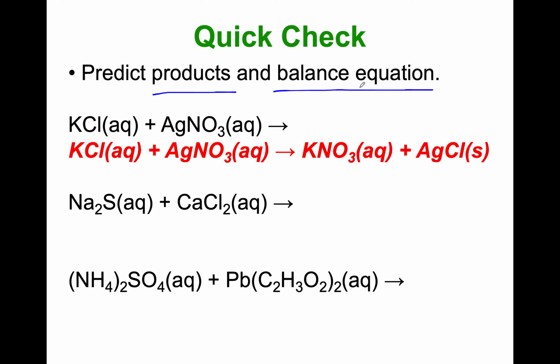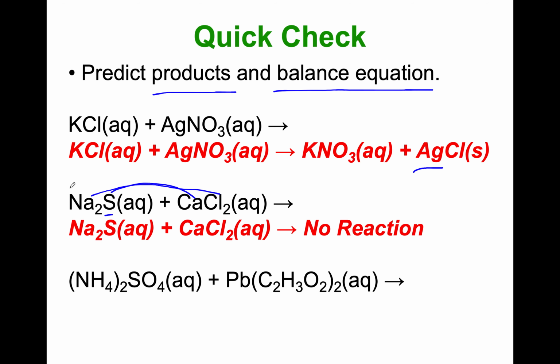See here, we crisscross, and again, silver is an exception. Silver chloride will form a solid. Potassium nitrate does not. Here we're going sodium and chloride and calcium and sulfide. And sulfide rules, sulfides are insoluble.